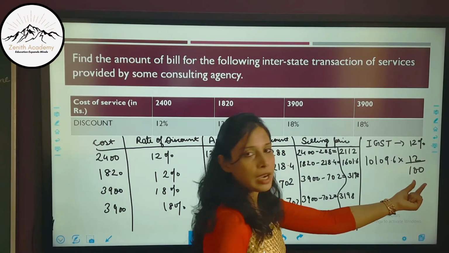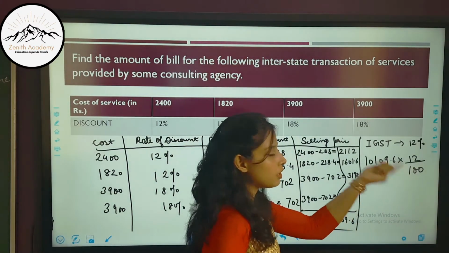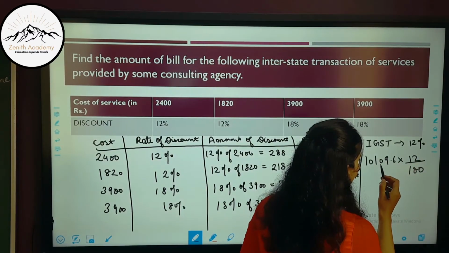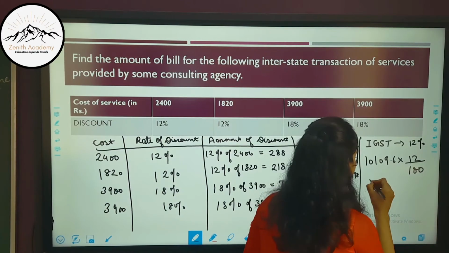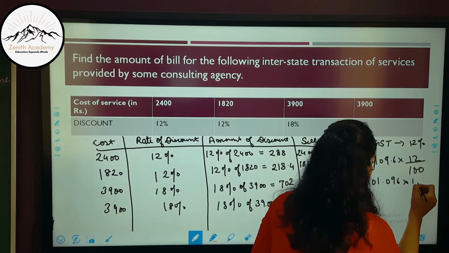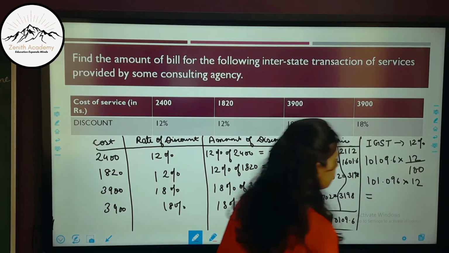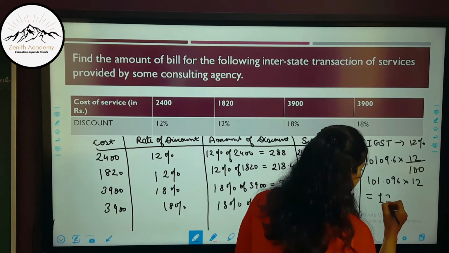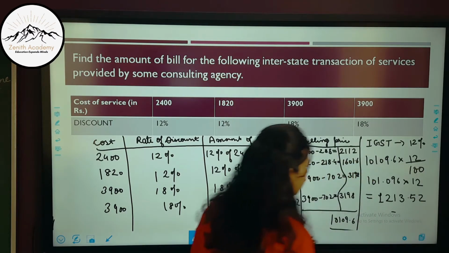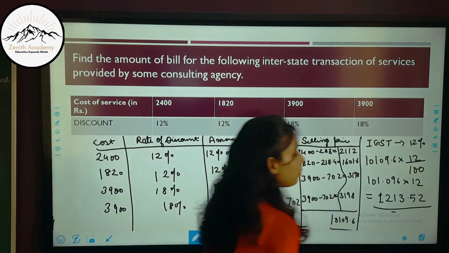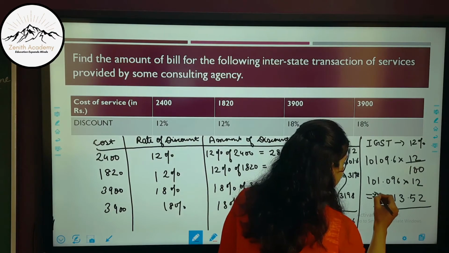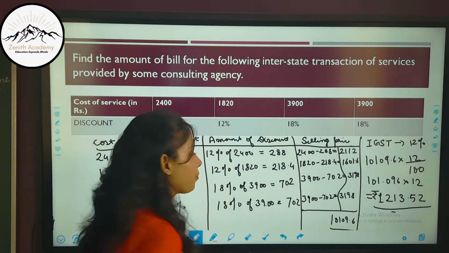Since it is divided by 100, our decimal point will shift backwards, and then we'll need to multiply 101.096 into 12. So this will give us 1213.52. Remember to write rupees, okay?